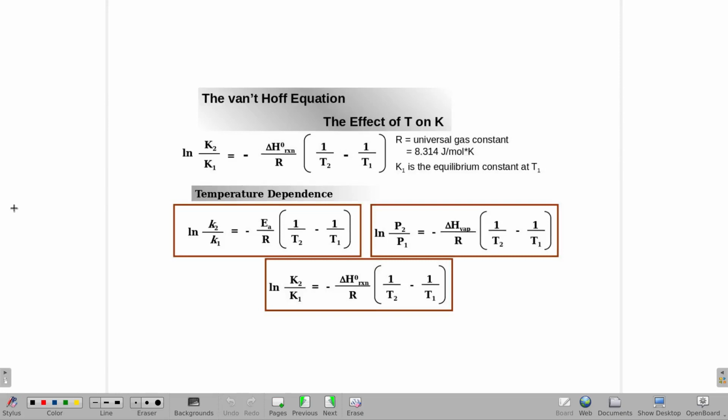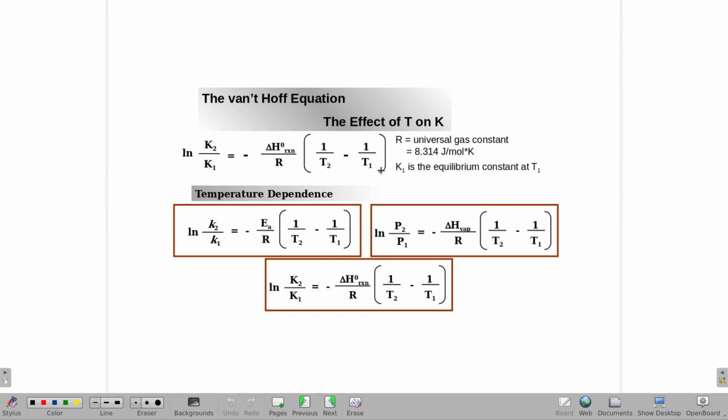Alright, last thing. Recognize that type of equation? Well, the bottom of the page are the types of times we've used this equation. We've used this type of equation to relate our reaction rate Ks to the activation energy and the vapor pressure to the heat of vaporization. Well, now we're going to say the equilibrium Ks are dependent on the heat of the reaction, and they do vary.